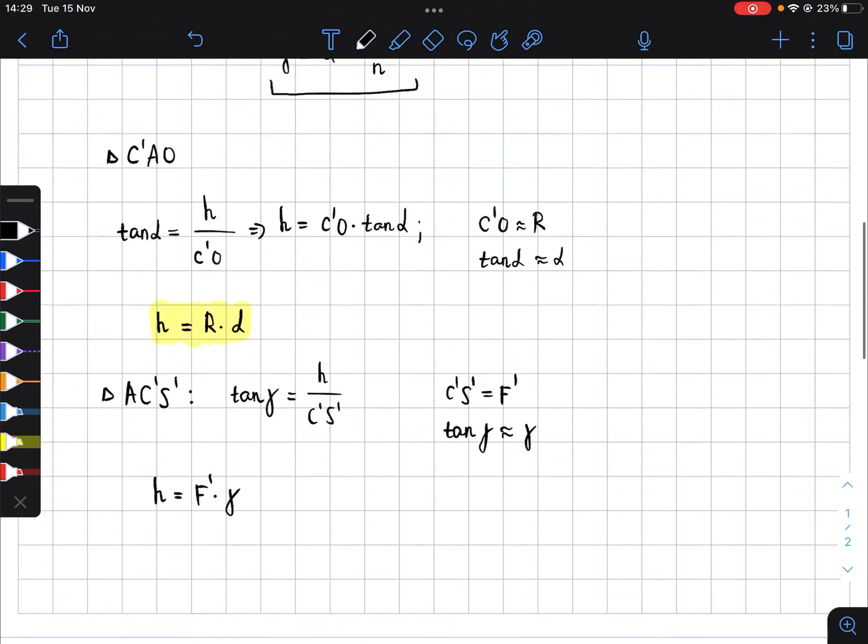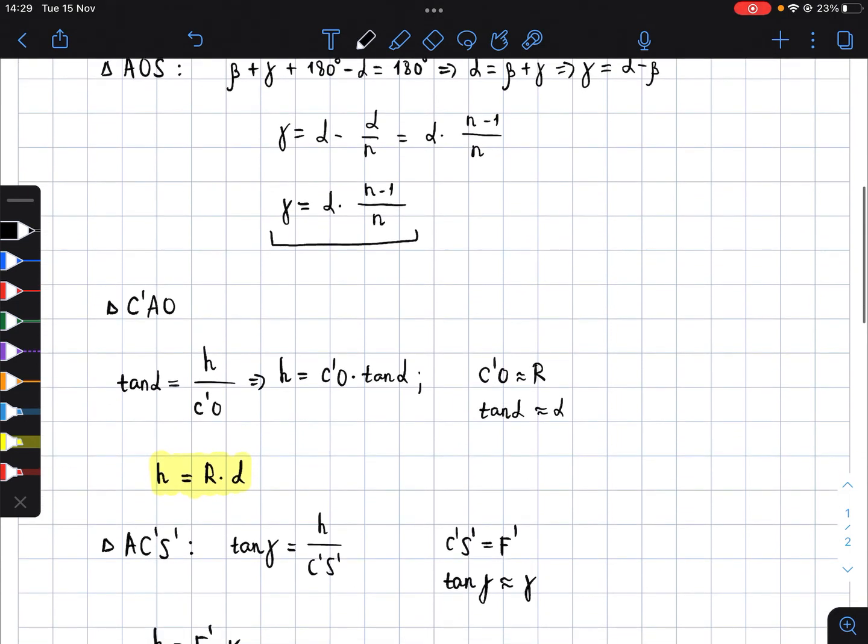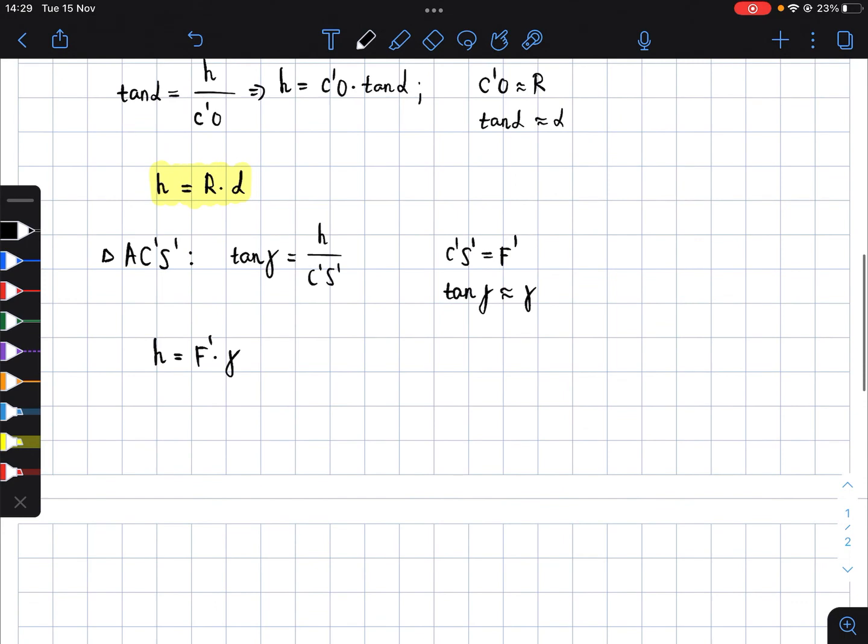But we know that our angle gamma is equal to alpha multiplied by n minus 1 divided by n. Let's write it down. H is equal to F prime multiplied by gamma.